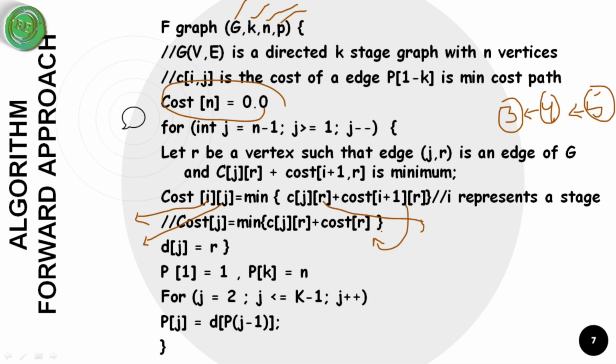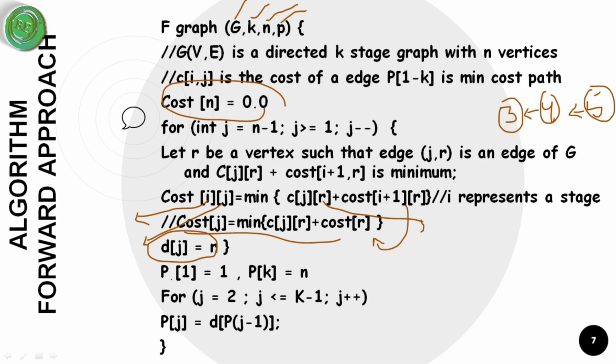If you don't want the stage value, you may take off i plus 1 and i, and you may use this formula, and d of j is equal to r. After calculating the minimum cost, we are going to update that particular vertex as r. So we are going to find the cost of the remaining vertices. So I update that value as d of j is equal to r.